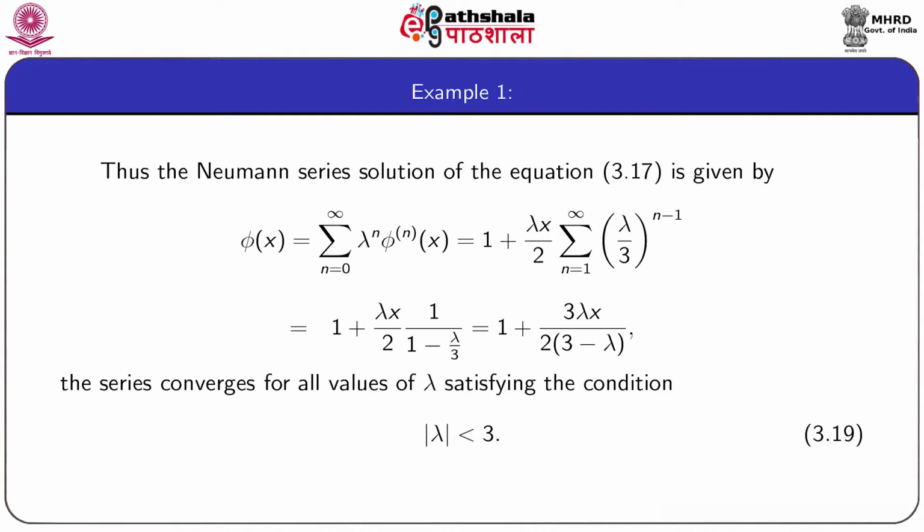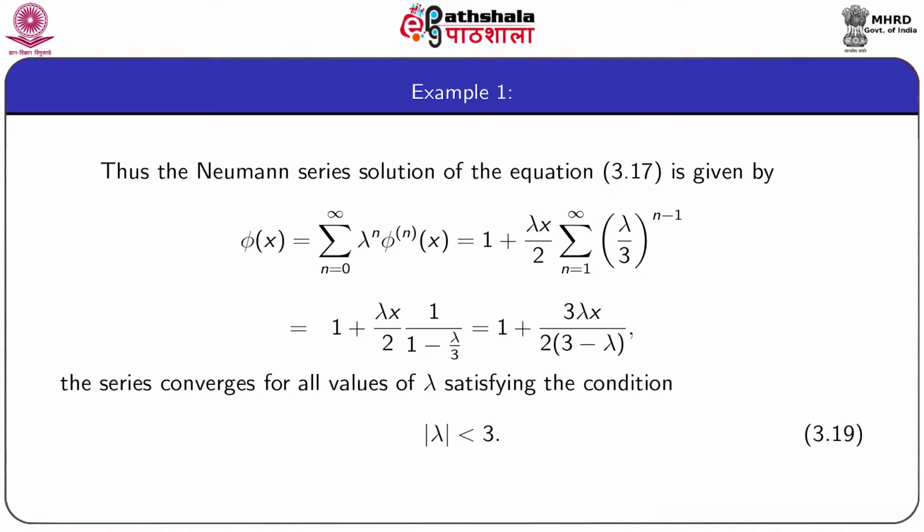Now this series will converge if mod lambda by 3 is less than 1, and the sum of this series is given by 1 by 1 minus lambda by 3.